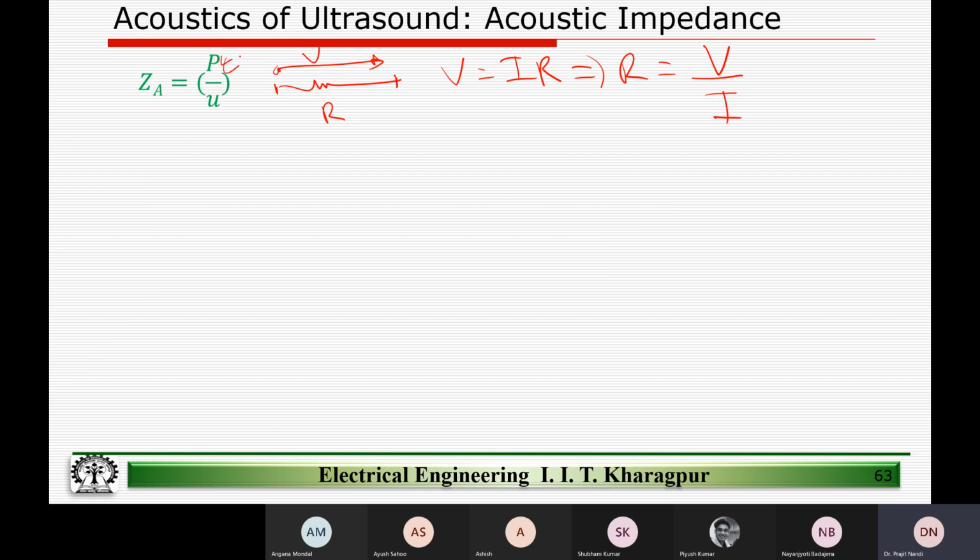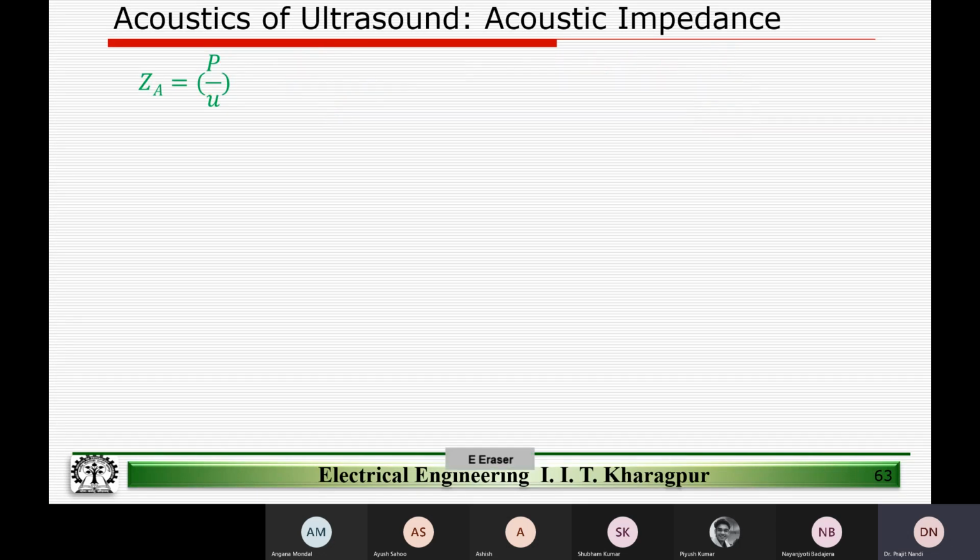So the pressure difference across the face of the small mass of fluid that we took, divided by the velocity, and velocity you can equate to the current flowing. So this ratio is going to characterize the acoustic impedance of the material.